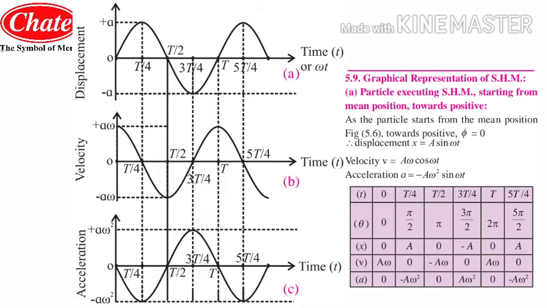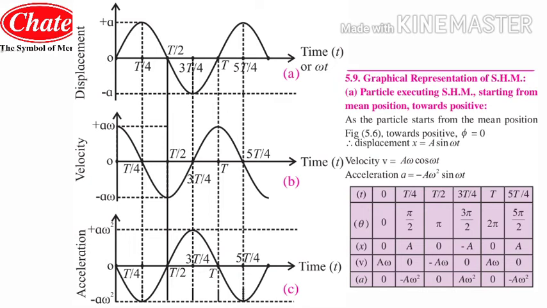Then it reaches the point A, that is plus A in the graph. After that it will come down again to 0, as the value of displacement we obtained by putting in the equation is 0.